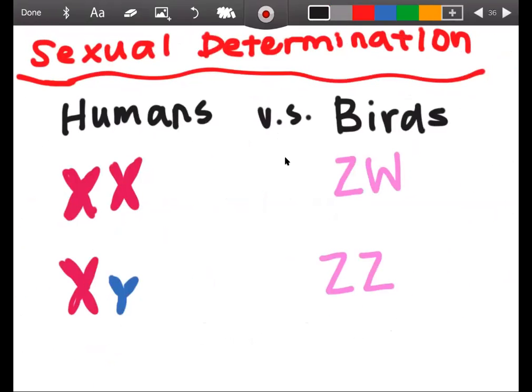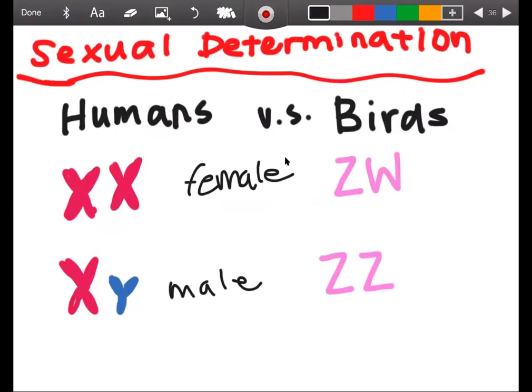All right, so now going into sex determination. We've briefly mentioned this before. So humans, when there's a female human, they're going to have XX sex chromosomes. And for the male human, they're going to have an XY chromosome.